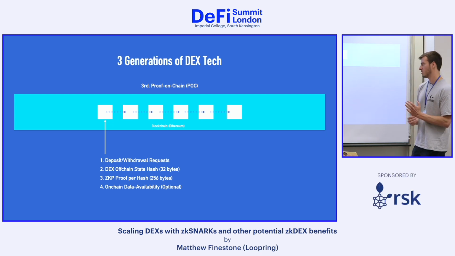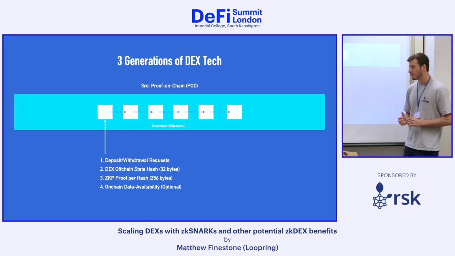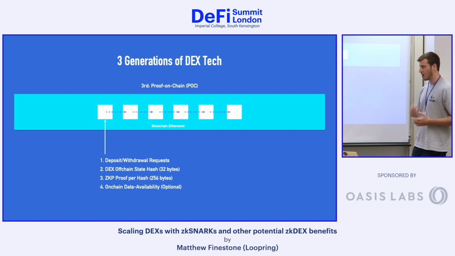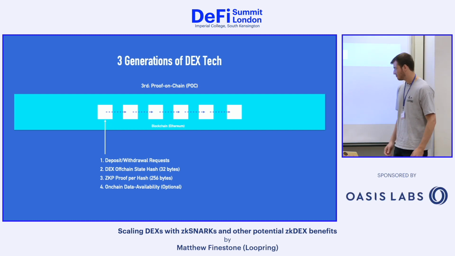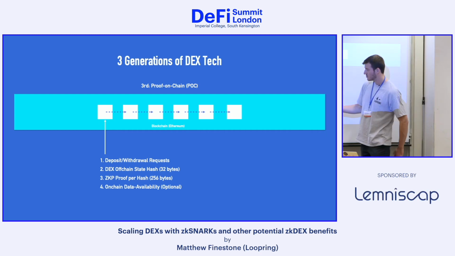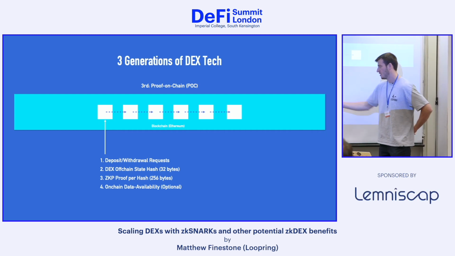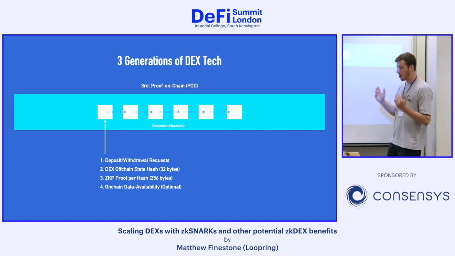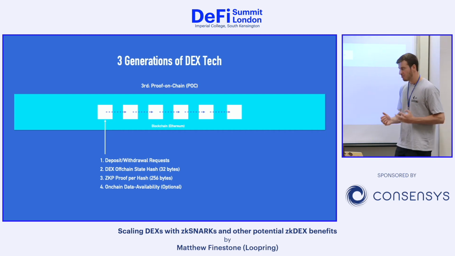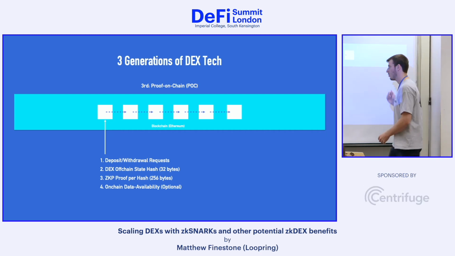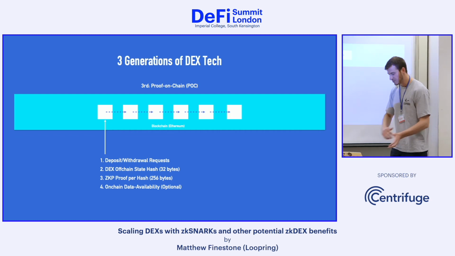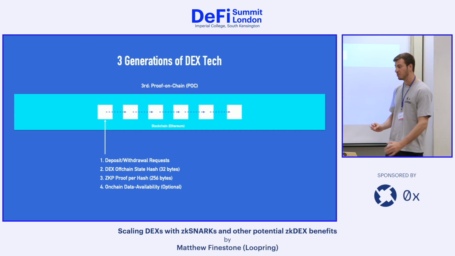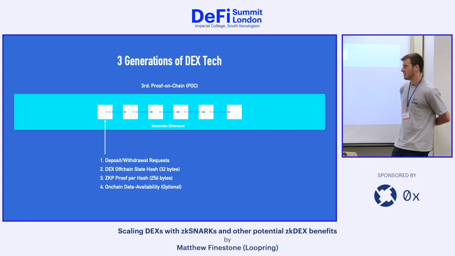That's what SNARKs and zero-knowledge proofs are good for, this verifiable computation that something was either executed faithfully or not. And super importantly and interestingly is the on-chain data availability, which is technically optional in Loopring version 3, but we do focus on the case with on-chain data availability, which is what's called zk rollup.